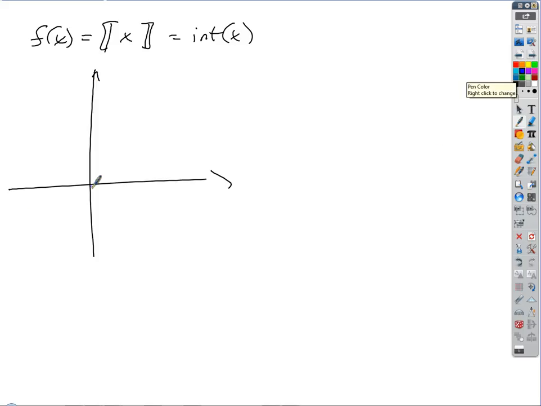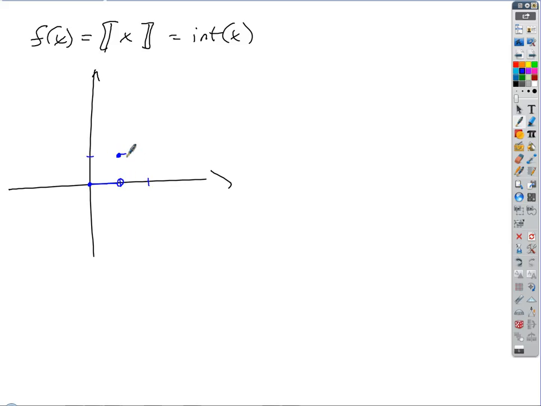So greatest integer. What if I input a 0? What do I get back? What's the greatest integer less than or equal to 0? 0. So if I go out to approaching 1, it stays at 0, but when I get to 1, what does it do? Jumps up. Good.